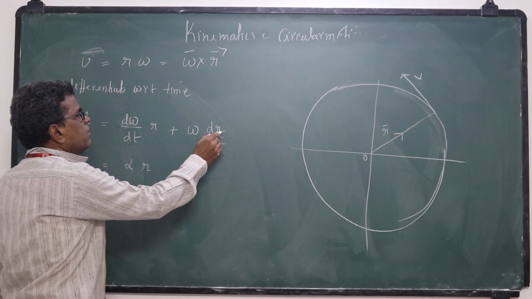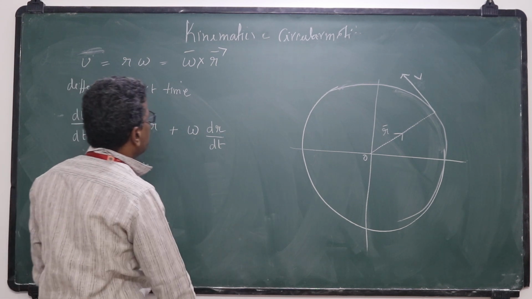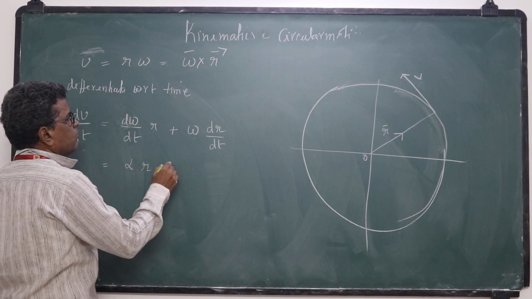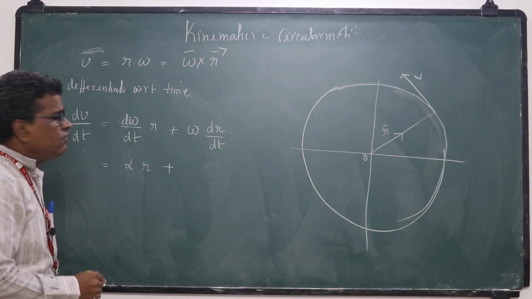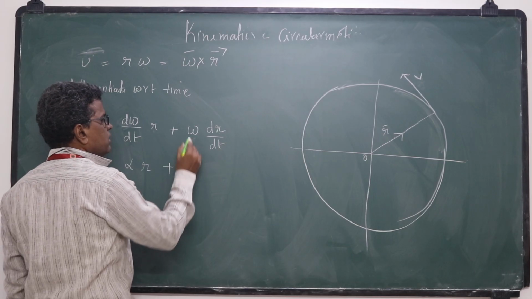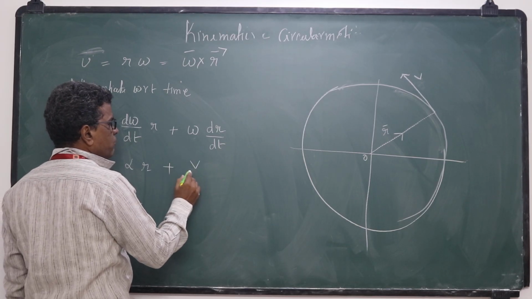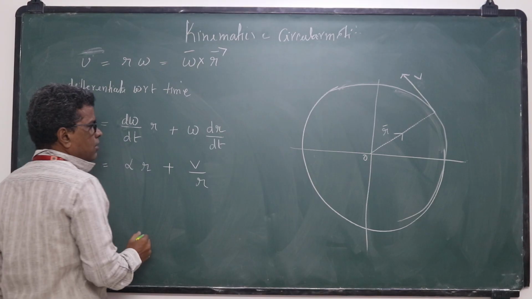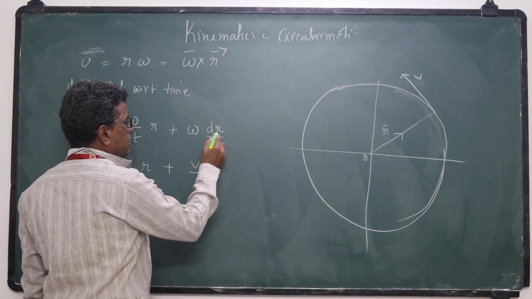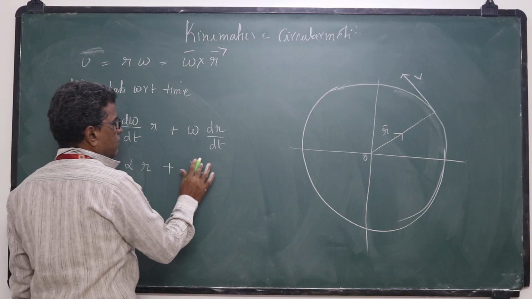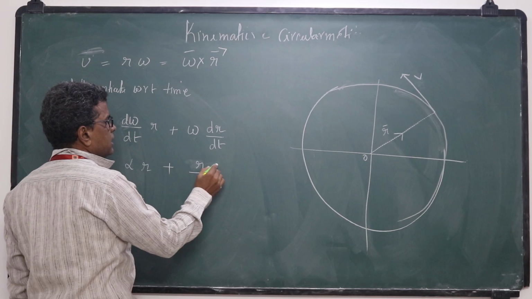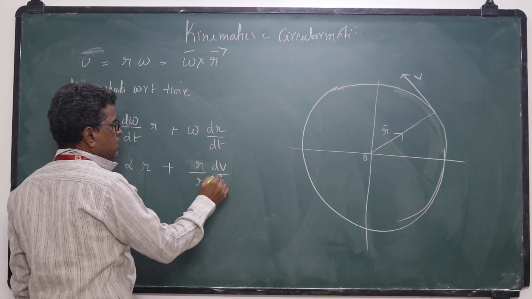Instead of omega, I write V by R. If dR by dt is the velocity, I write V inside and R outside, that is dV by dt.